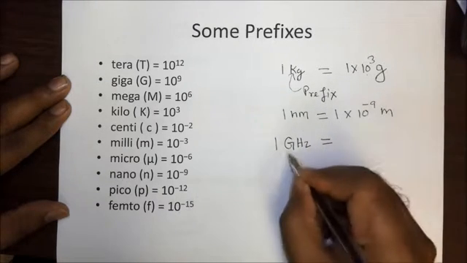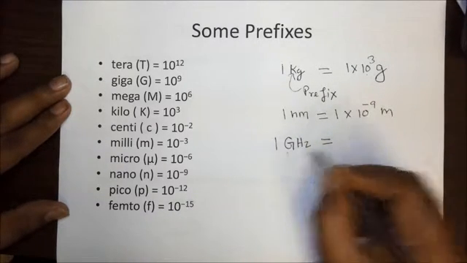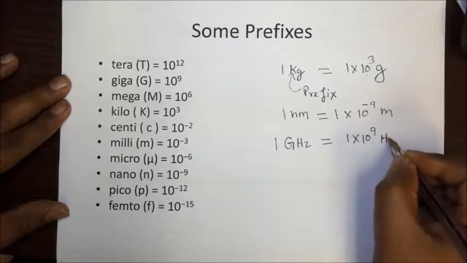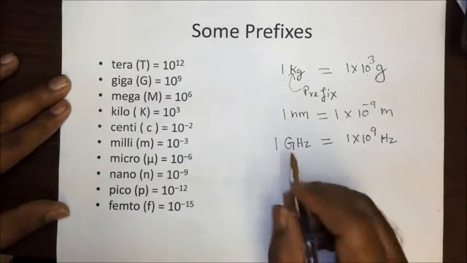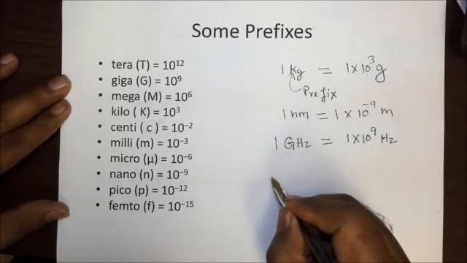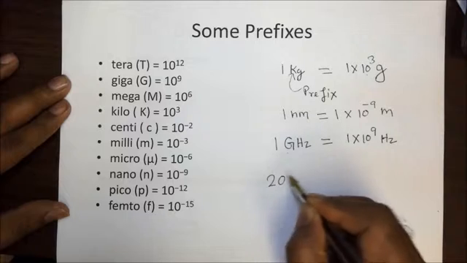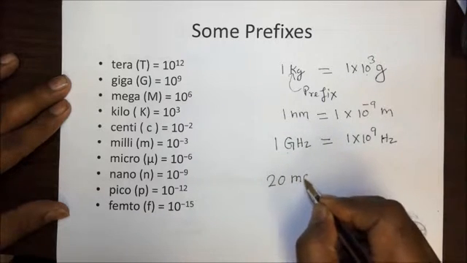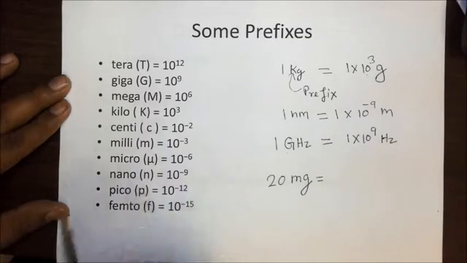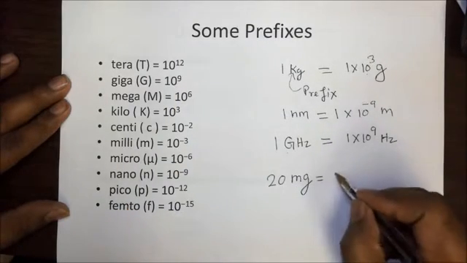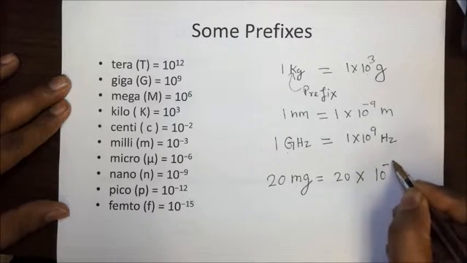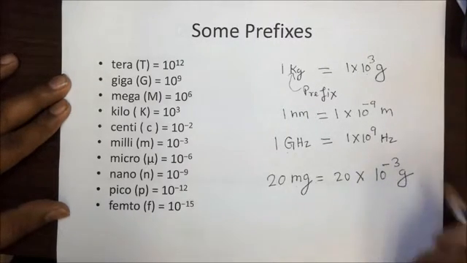Giga means 10 to the power 9, so 1 times 10 to the power 9 hertz. Something like 20 milligram. M is for milli, and it means 10 to the power minus 3. So it is 20 times 10 to the power minus 3 gram.